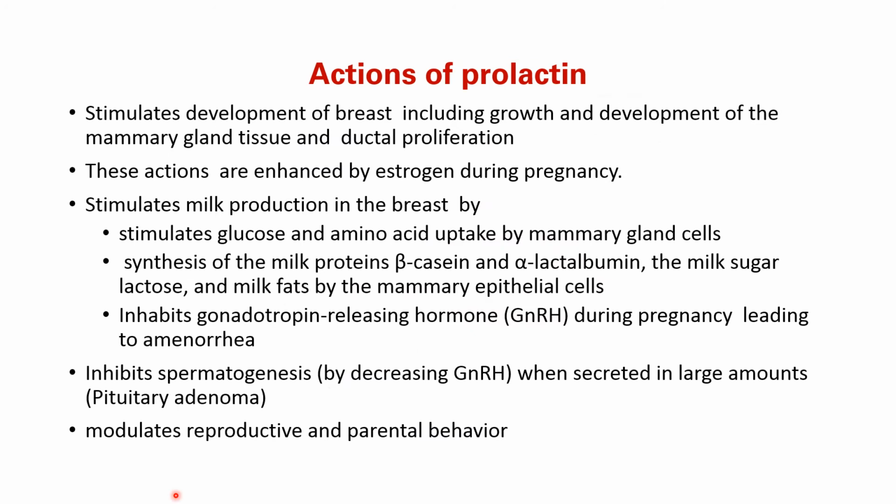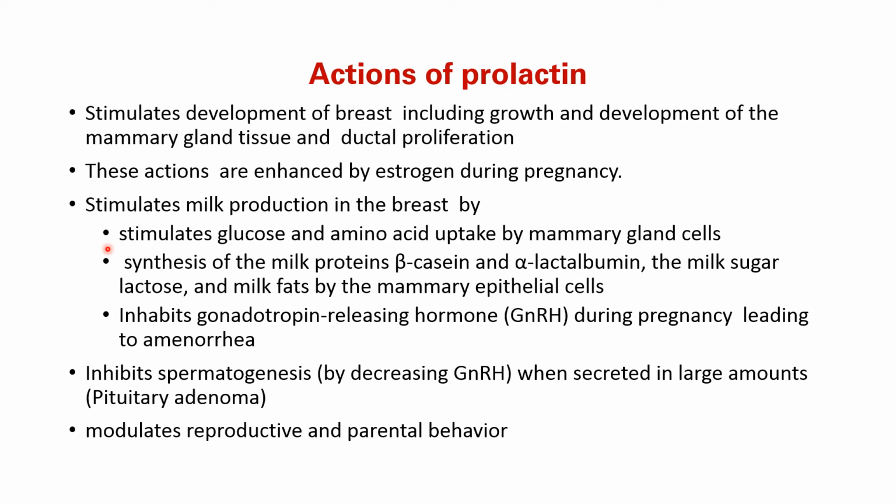This slide summarizes the action of prolactin: breast development, including growth and development of the mammary gland tissue and duct proliferation. And of course, the growth and development of the breast is increased by estrogen during pregnancy. It stimulates milk synthesis by stimulating glucose and amino acid uptake by the mammary gland.